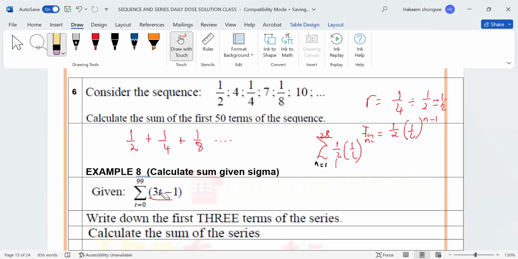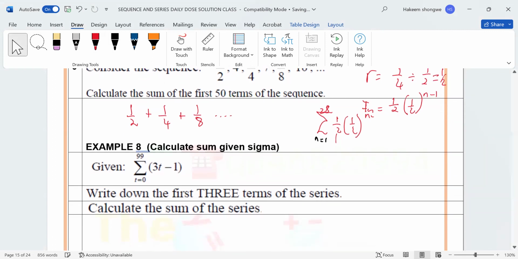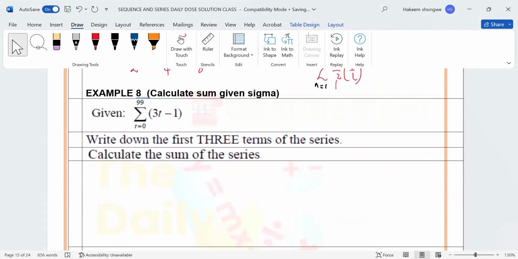It's vice versa, as long as I know what Tn is. So the first thing we should know is how to determine the first 3 terms if we are given a sigma notation.